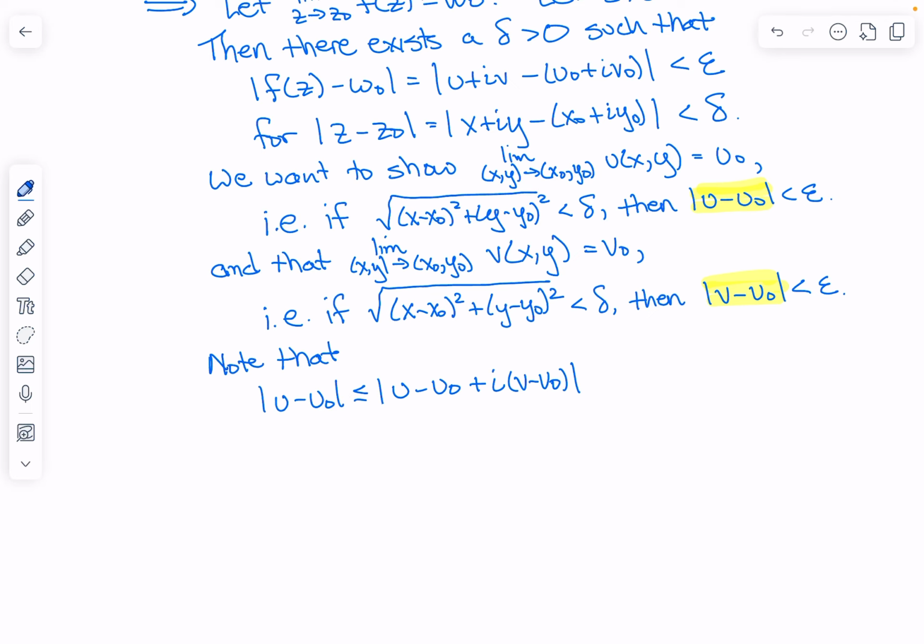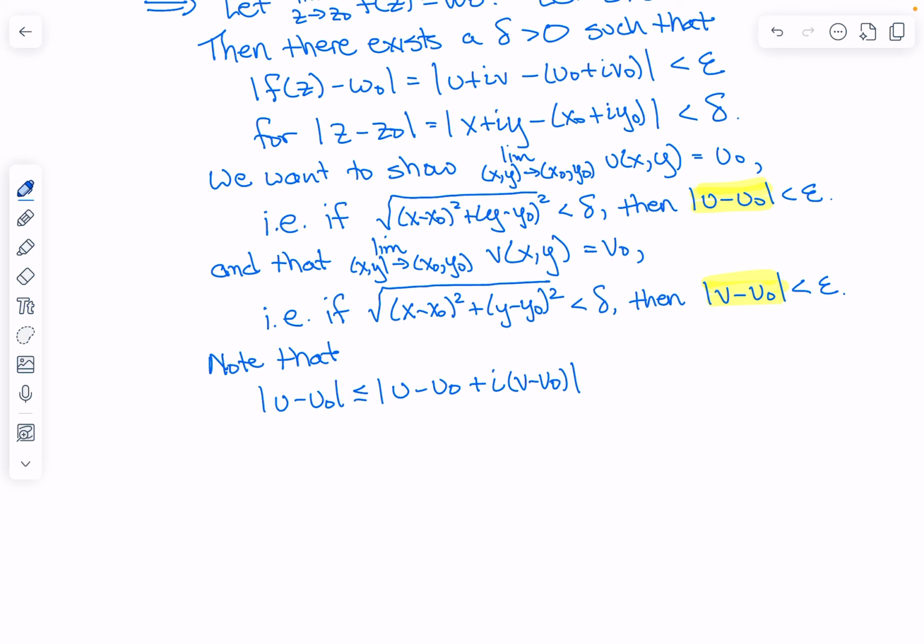So here, what we have on the left is just a straight absolute value, which is the same thing as the modulus of a real number.